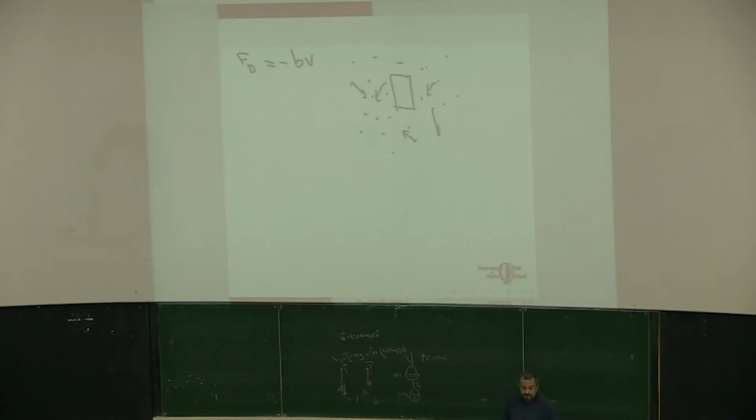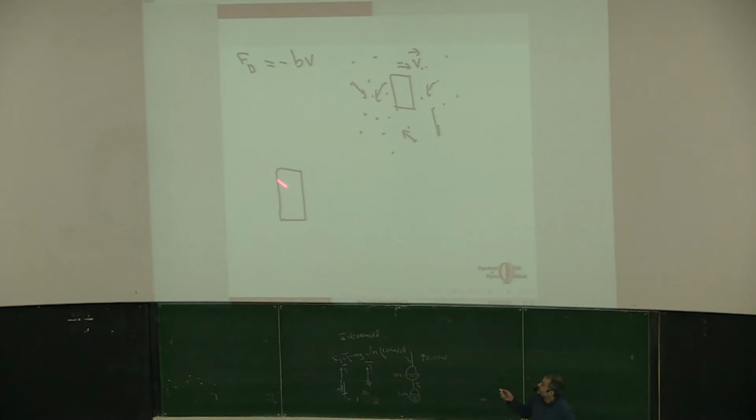Now let's do something else. Let's suppose that my object is moving. Now it has a speed. It will collide with objects on the left and also on the right. Now let's see, in a simpler case, let's remember we studied the collisions.